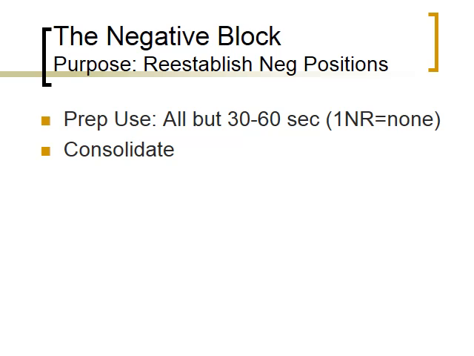One of the things that needs to happen in the negative block is you're reestablishing the negative positions and ensuring that the judge understands where you're coming from. You may need to consolidate down to the key arguments being run by the negative team.